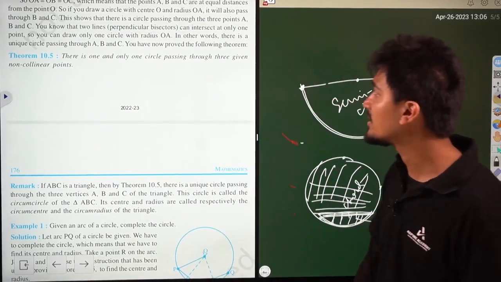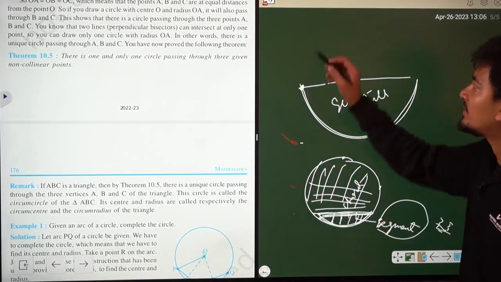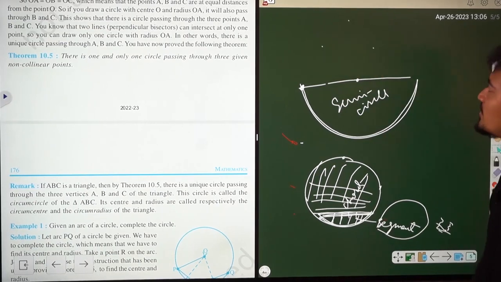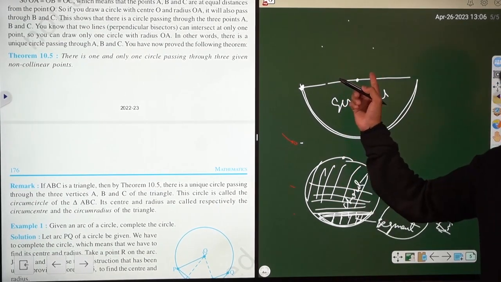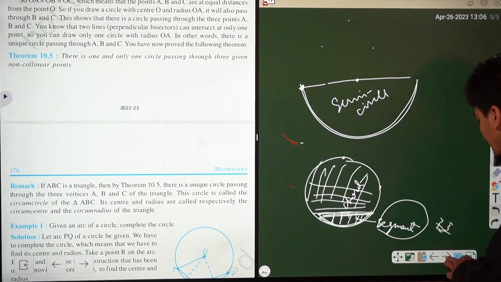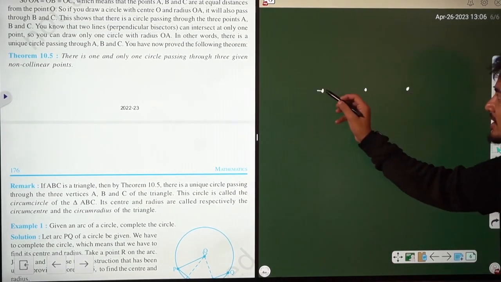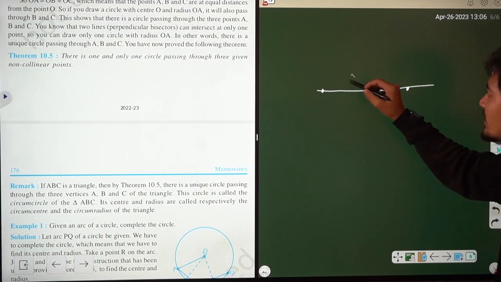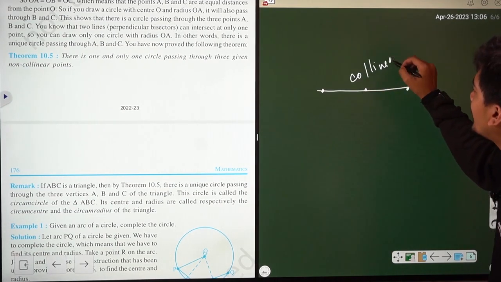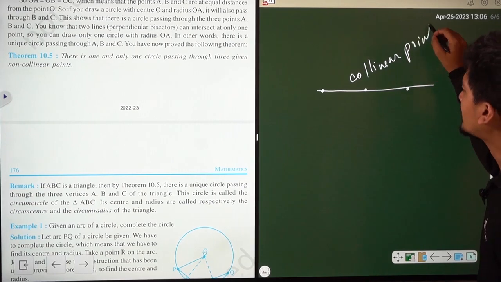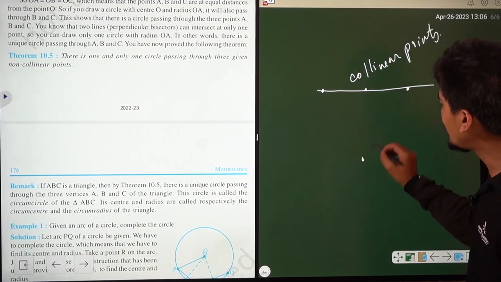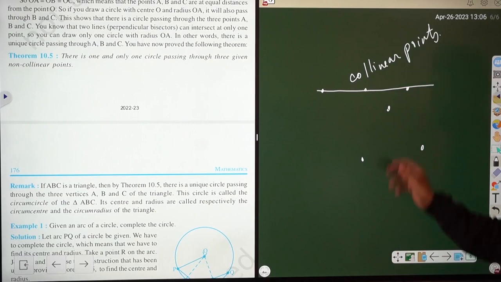That means, what is written here? These points are non-collinear. Why? Because as I have already mentioned, if these are the points, they are in a straight line, right? So we call them collinear points. But this point, this point, this point, they are not on the same line.